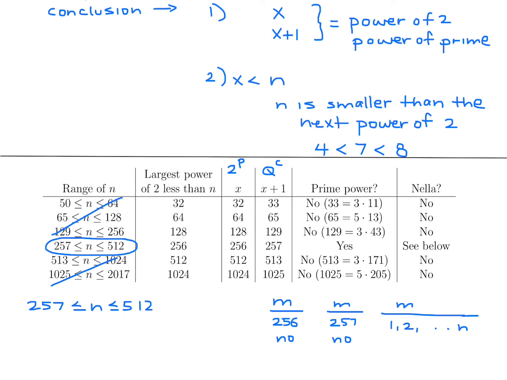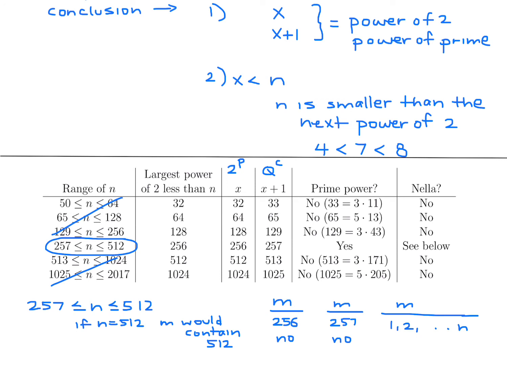So when we look at that, we realize the following, that 512 obviously has to go, because if 512 is n, then that means that m would have 512 in it. And if m contains 512, then this would be divisible. 512 divided by 256 is 2.